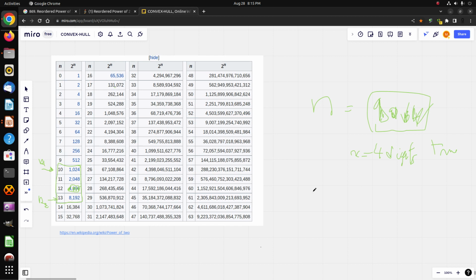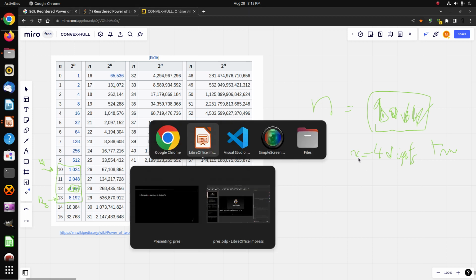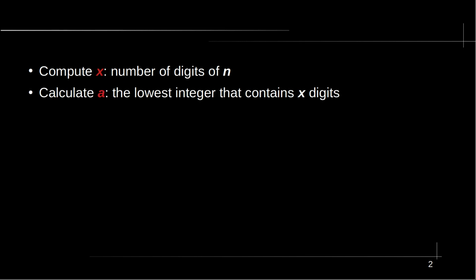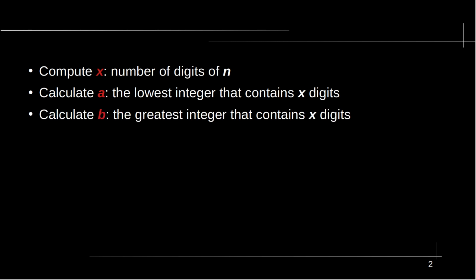How to get this range from k1 to k2? We have some subtasks to do here. The first one, as I said, we compute the number of digits of n, x. Then compute an integer a, which is the lowest integer that contains x digits. Then compute an integer b, which is the greatest integer that contains x digits.